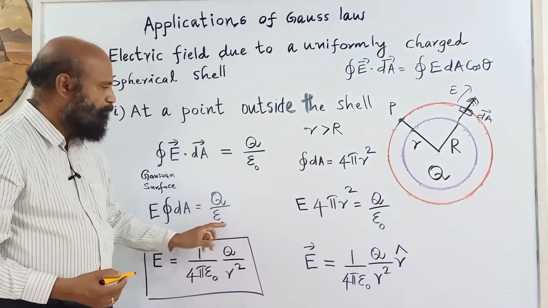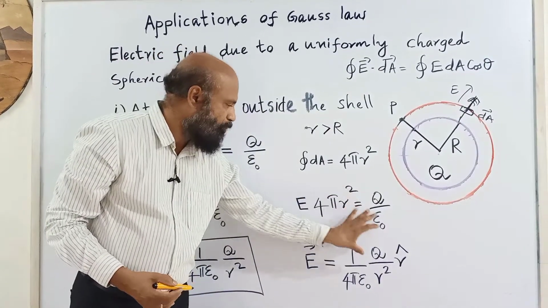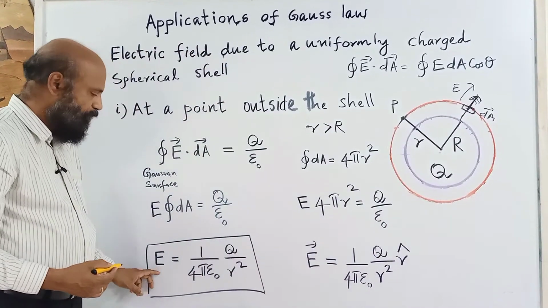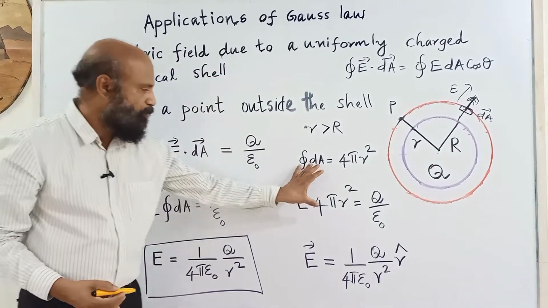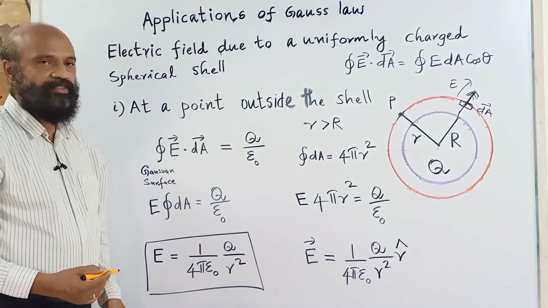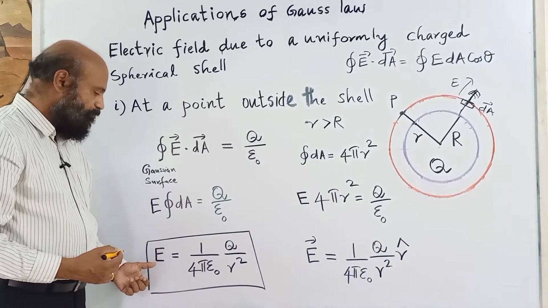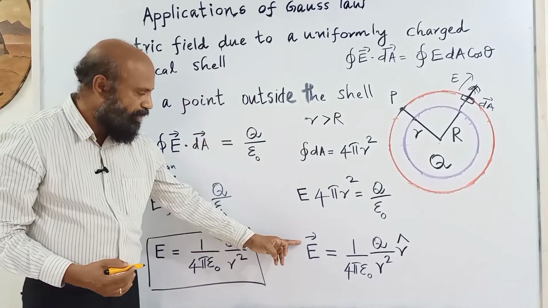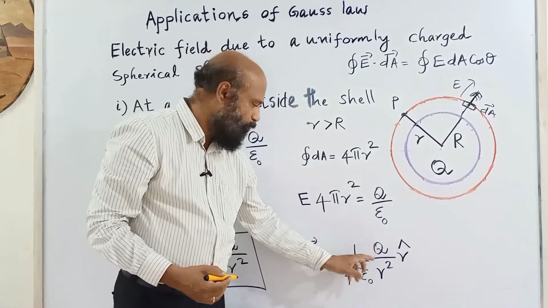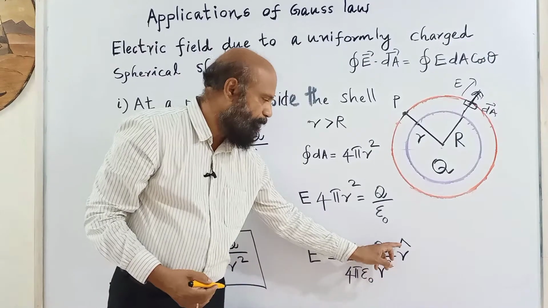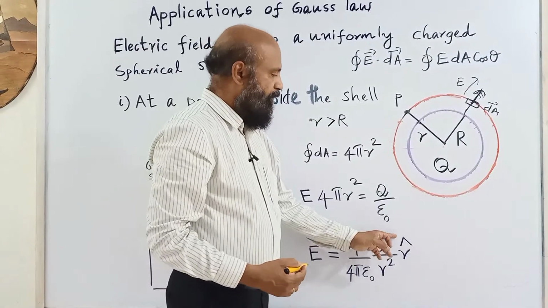That equals Q by epsilon 0. Take this 4 pi r square to the other side. So E is equal to 1 by 4 pi epsilon 0 Q by r square. Intensity is a vector quantity, so in vector notation you can write E vector is equal to 1 by 4 pi epsilon 0 Q by r square r cap. R cap is to show the direction.